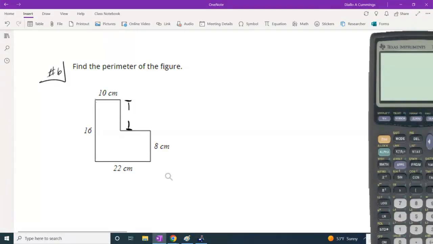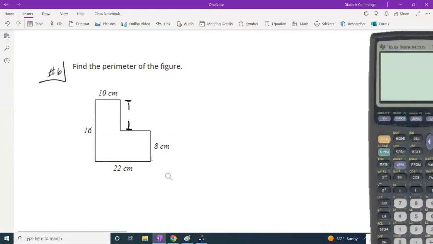So notice that the entire length of this figure is 16 centimeters, right? So that means if I were to make this thing, let's say a rectangle, this side from the bottom to the top, that would also have to be 16 centimeters.